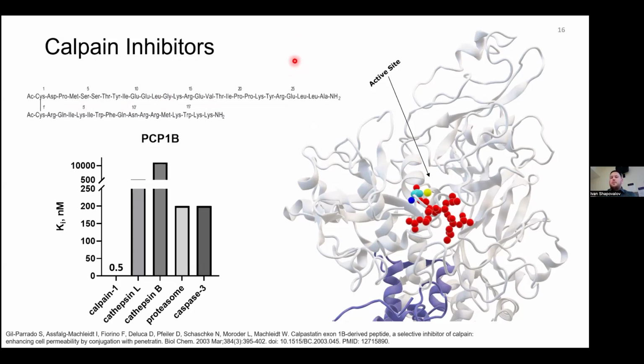I don't know of any peptidomimetics that are targeted against the protein-protein interaction in calpains. I only know of those at the active site. Yeah, that's right. Well, it's a pseudo substrate.